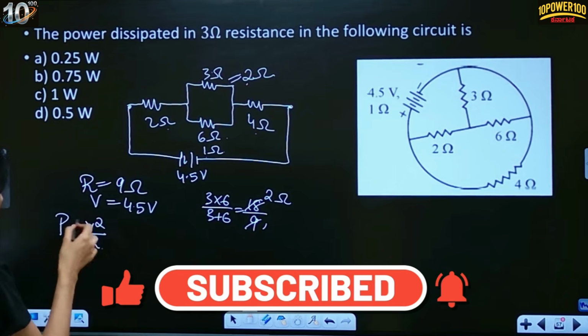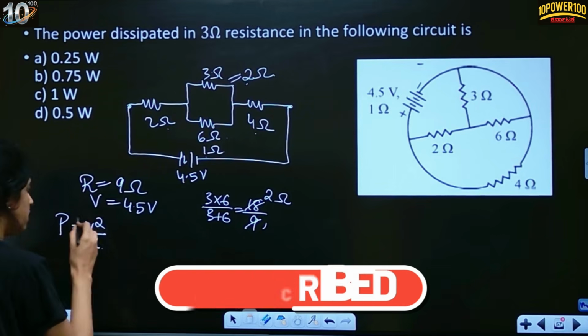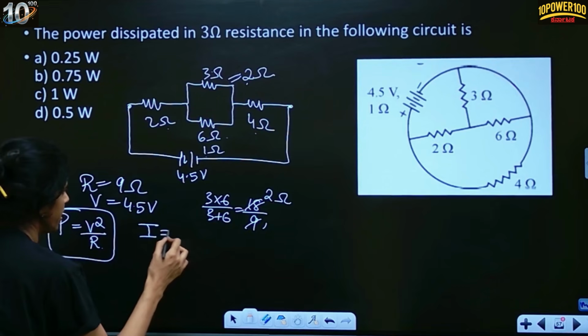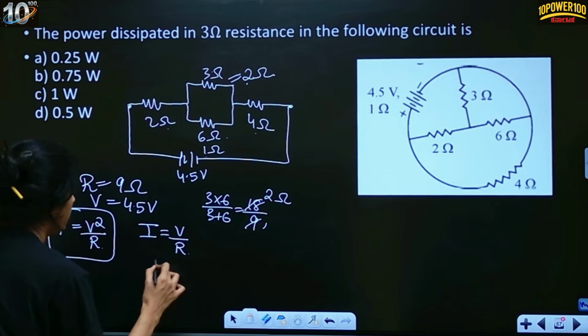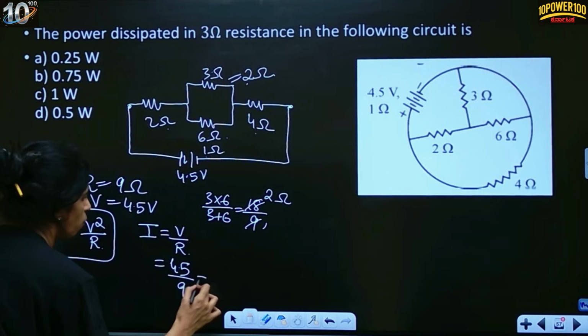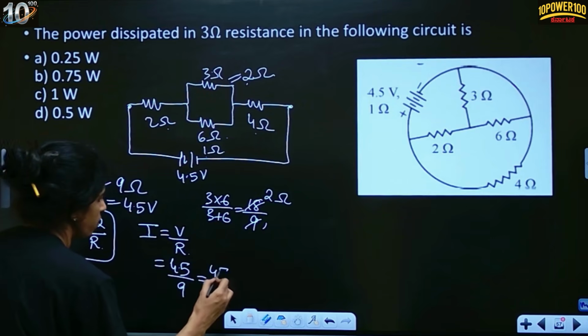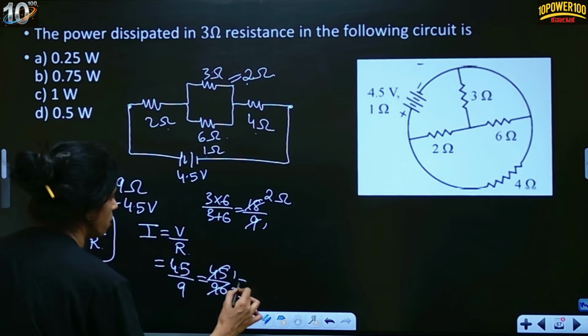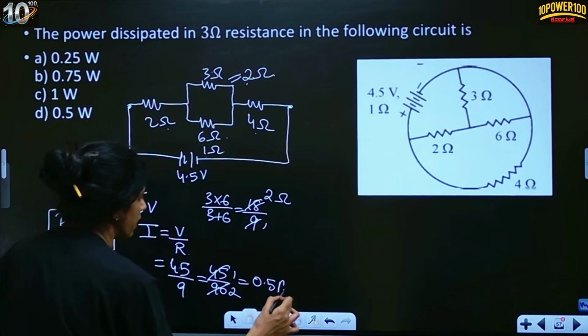So you have to take a formula which has current. Find out what the current is: I equals V divided by R. V is 4.5 and R is 9, so 4.5 by 9 is 45 by 90, which is 1 by 2 or 0.5 ampere.